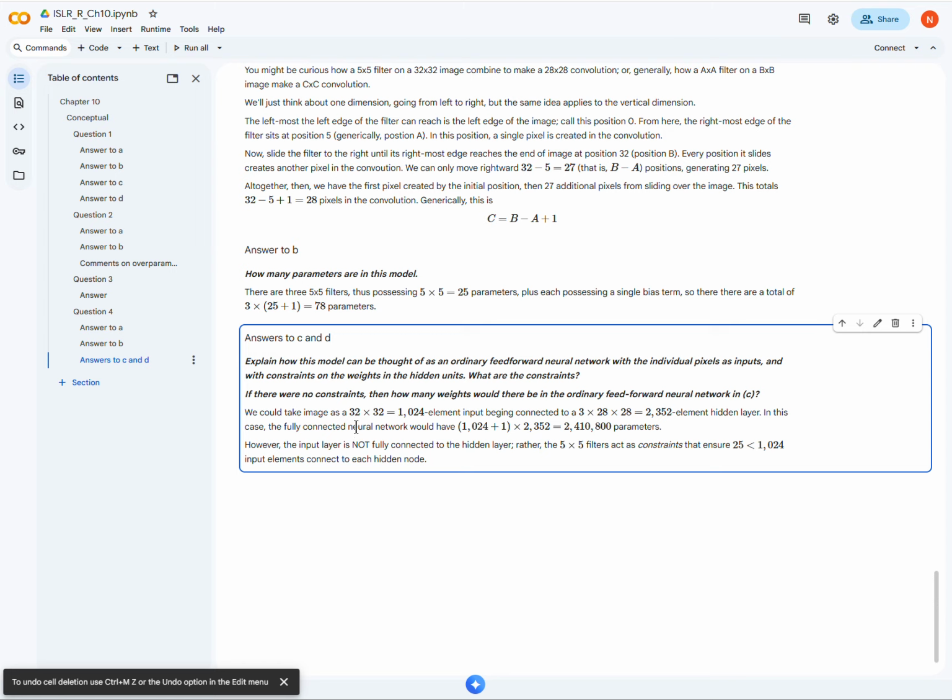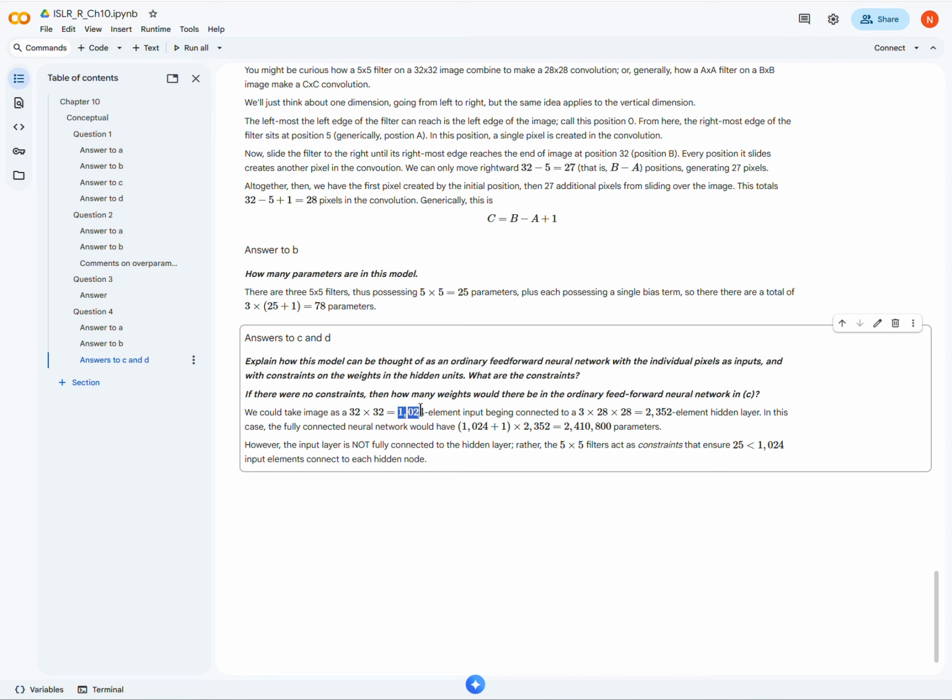Okay, so if we take the 32 by 32 image, then we have 1,024 inputs, and it's being connected to 3 28 by 28 layers for a total of 2,352 elements in the hidden layer.